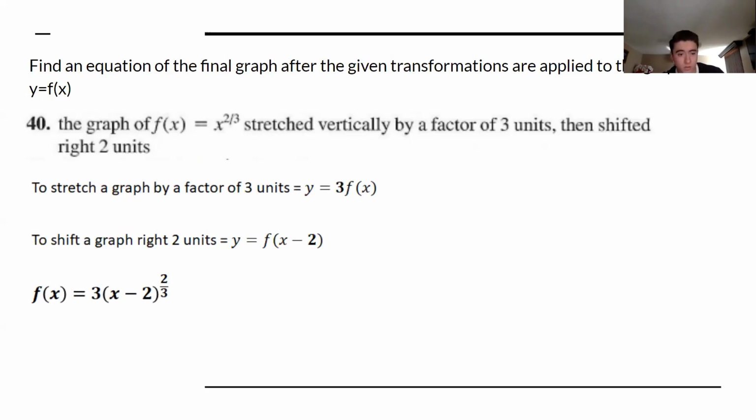Since we have a negative, it's going to be moved to the right. So we already got y equals 3f(x), which is the one that stretches vertically.